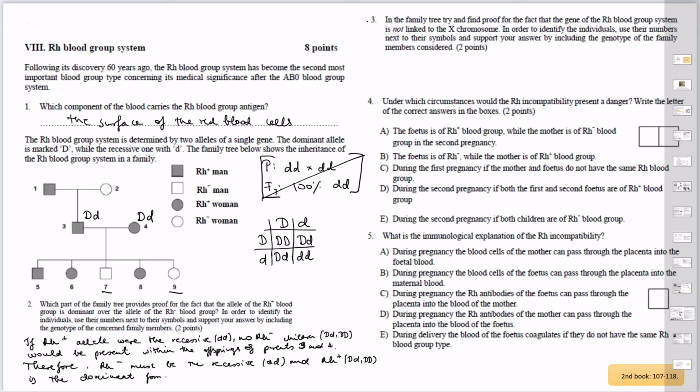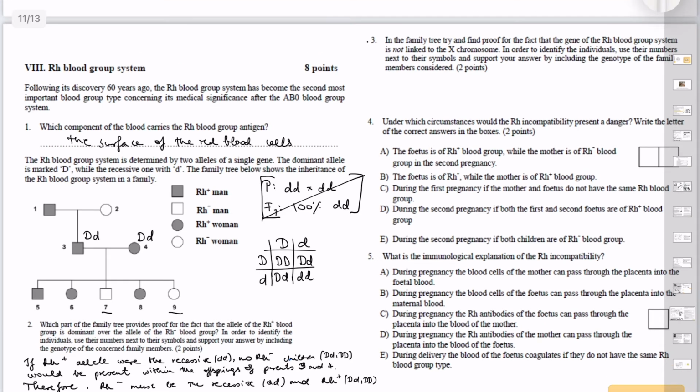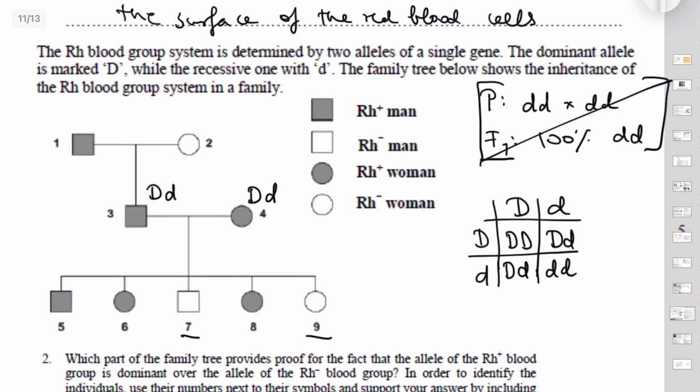In the family tree, try and find proof for the fact that the gene of Rh blood group system is not linked to the X chromosome. In order to identify the individuals, use their numbers next to their symbols and support your answer by including the genotype of the family members considered. So let's look at the Punnett square again.